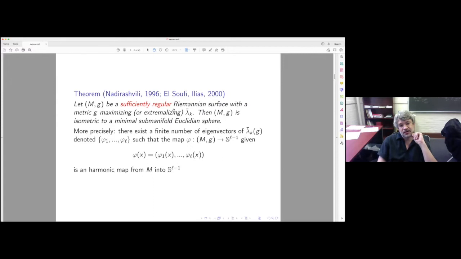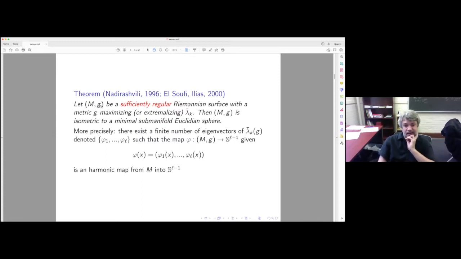then, if the metric maximizing the first eigenvalue lambda one is sufficiently regular, then the manifold with this metric is isometric to a minimal submanifold of the Euclidean sphere.